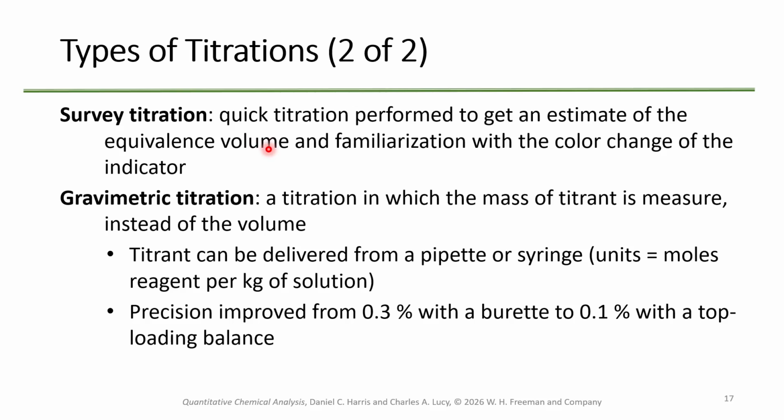All you're really looking for there is a general idea of where your endpoint might be. And you're looking for what sort of color change you are looking for. Typically, most people will keep this survey titration, set it to the side, and then they'll have an example of what the color change ends up at. So they know what they're looking for.